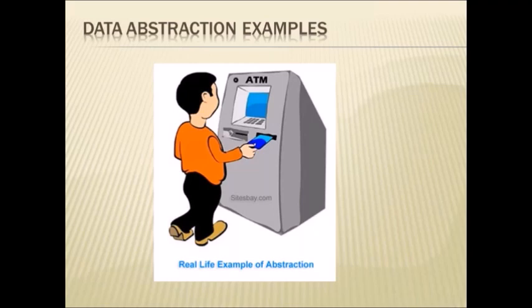You know how to operate the ATM only, but you don't know how the ATM works internally. So here also the implementation details are hidden. You only know the essential features, but you don't know the implementation details. That concept is known as abstraction.